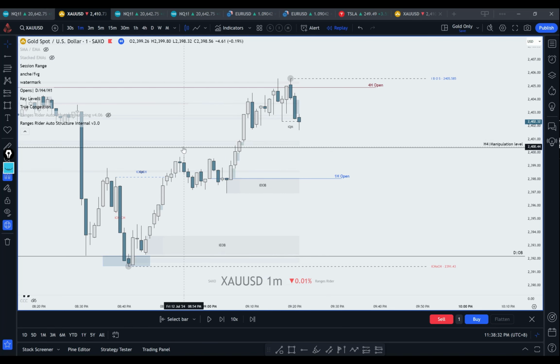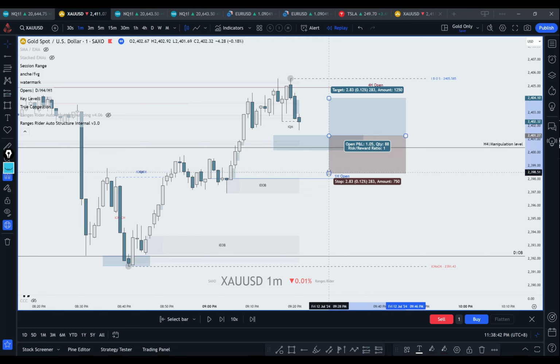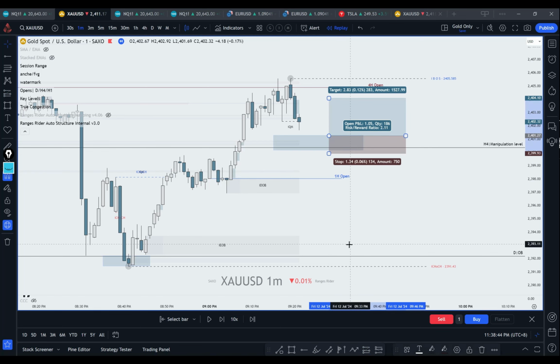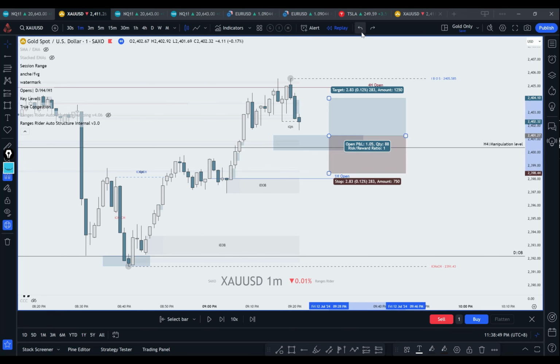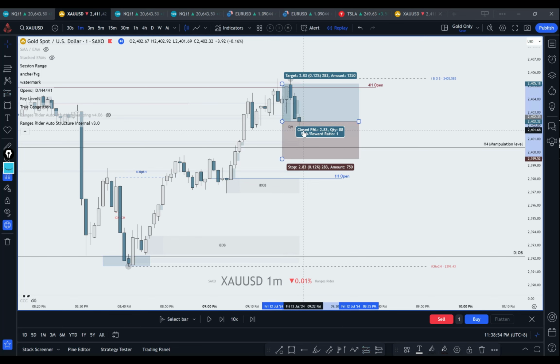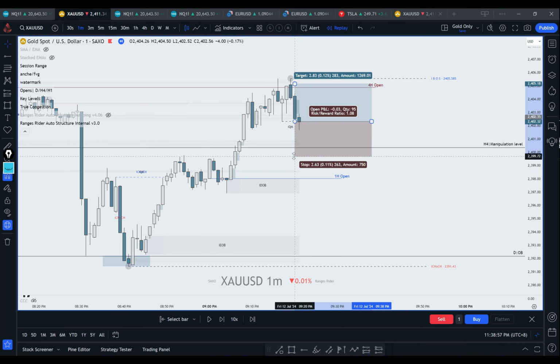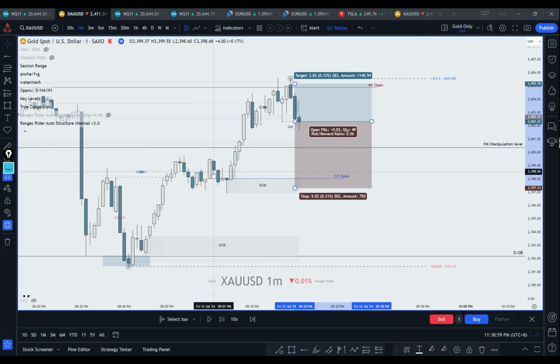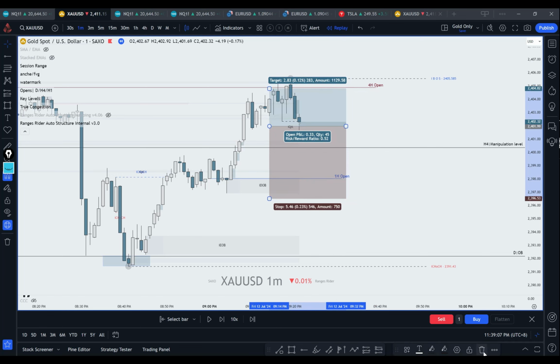That's why we use the order block, to control our risk. If you buy here, where is your risk? Where do you want to put your stop loss? You don't have anything here, so that's why you should just wait.